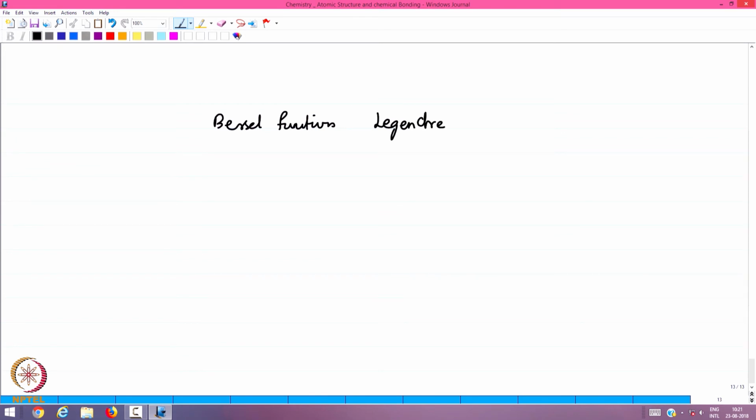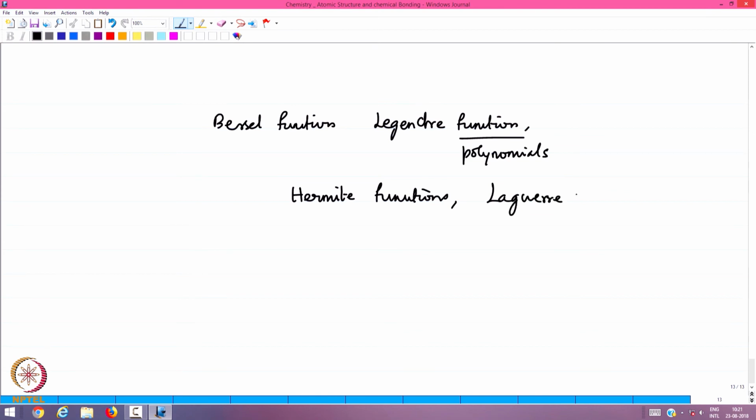Then Legendre functions and the associated Legendre polynomials. Coupled with the phi part, they are called the spherical harmonics. Legendre functions, these are called the polynomials. They are all various powers. We will see one of them, and then we have the Hermite polynomials or Hermite functions, and then Laguerre functions or Laguerre polynomials, and then there are others like the Chebyshev.